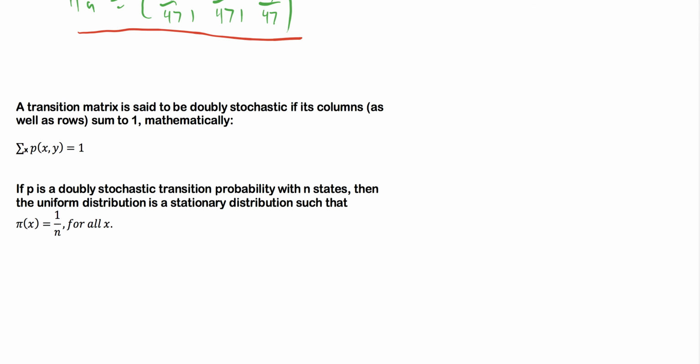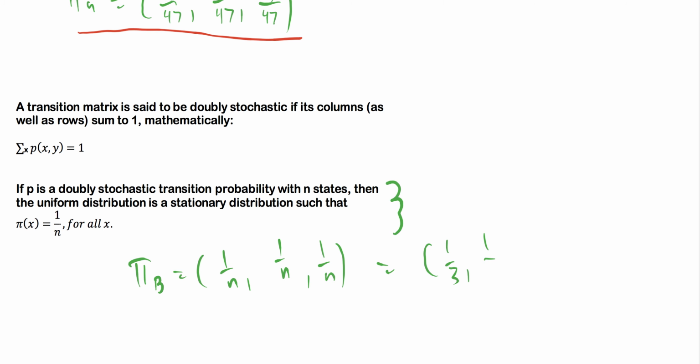So we can use this statement to say for B, I'll note it as pi B, just equals 1 over n. And we've already said that we have 3 states in our chain, so this is just 1 over 3. And that's our answer for part B.